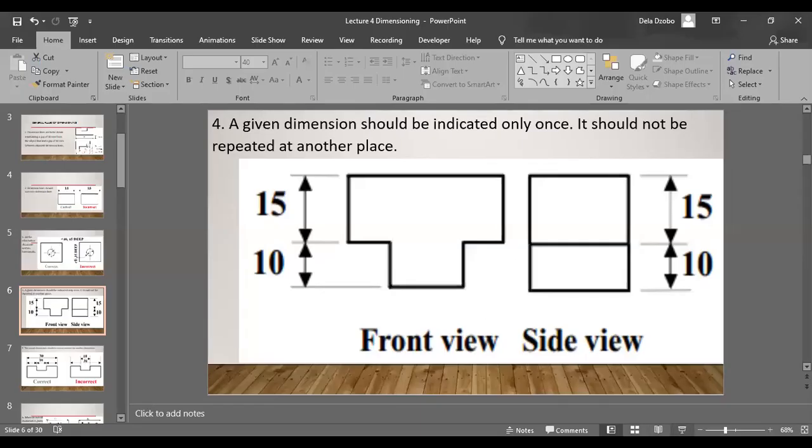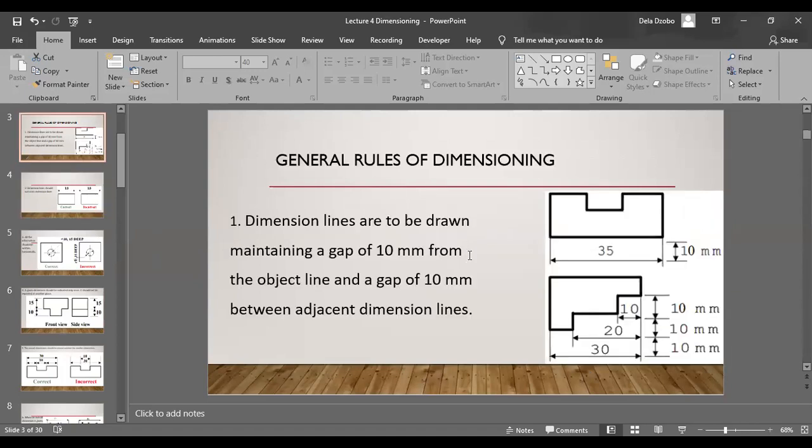So what's happening here is that we have our object, and then here's another object, and then we have our dimension line. This rule is telling us that your dimension line should be 10 millimeters away.